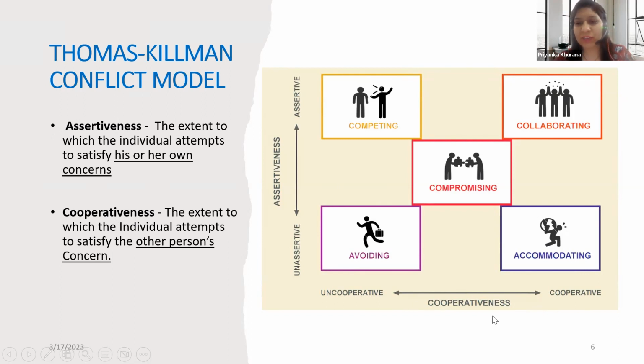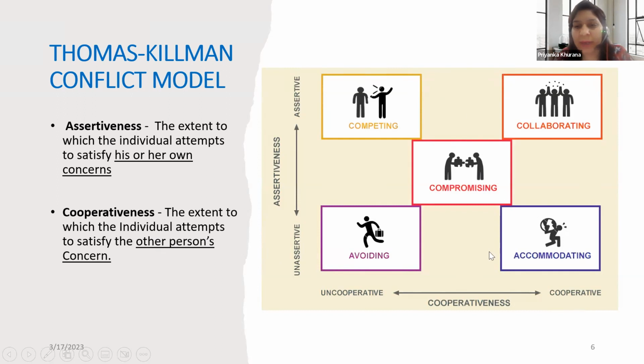Similarly, cooperativeness, which is on the x-axis, talks about the extent to which an individual attempts to satisfy the other person's concern first. He's showing generosity, putting down his wishes and trying to accommodate the wishes of the other person. So that's how assertiveness and cooperativeness are defined.